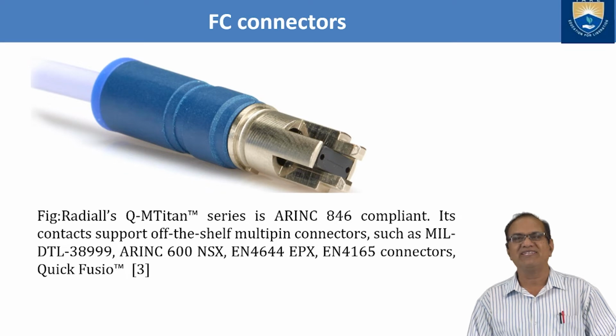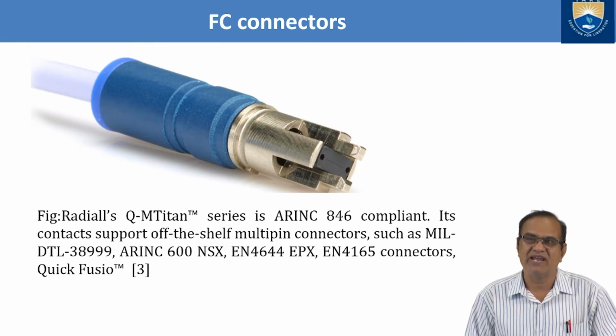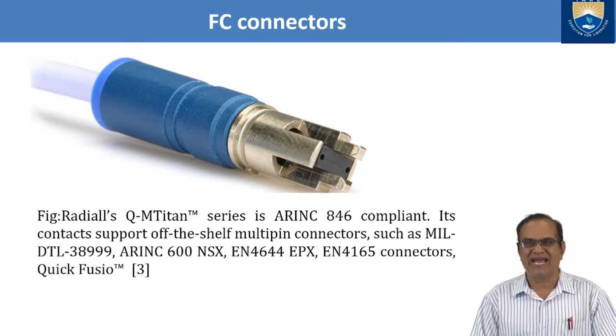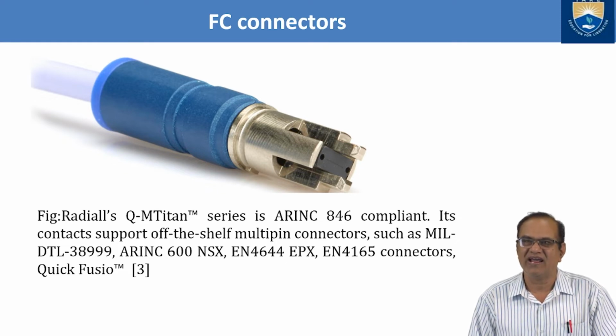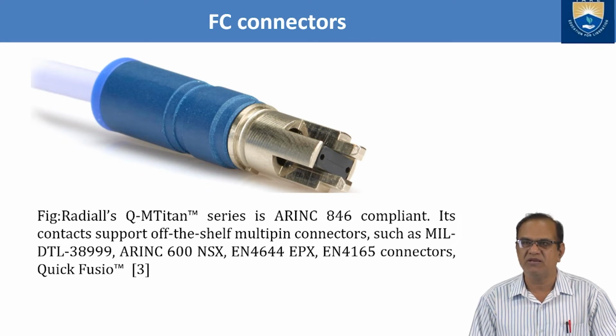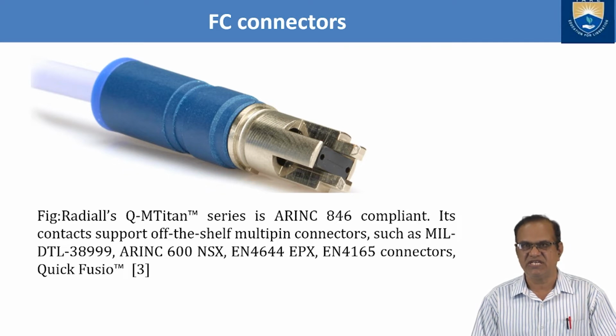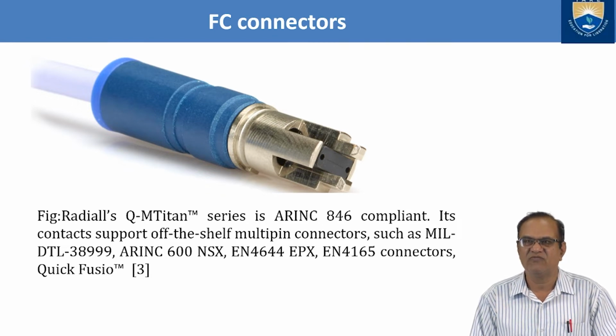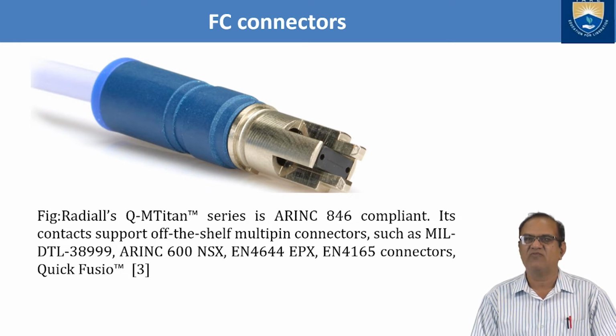Now we have to use another type of connector. It is called the fiber cable connector. Here the connector is shown. Radiall's QM Titan series is ARINC 846 compliant. Its contacts support several multi-pin connectors such as military D38999, ARINC 600, NX, EN4644, EPX, and EN4165 connectors.